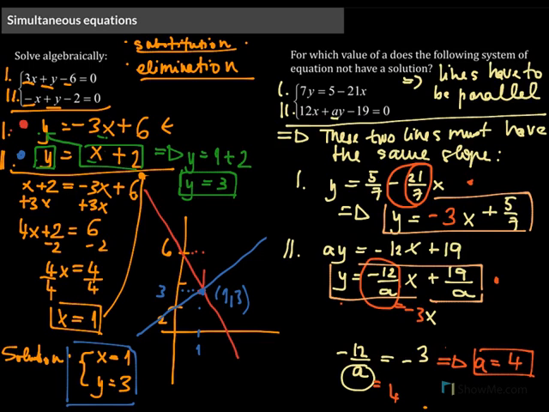It would be one line. But if I plug in 4 here, 19 over 4 is not equal to 5 over 7. So I'm safe there, and for a equal to 4, the lines are parallel, hence the system of equations has no solutions.